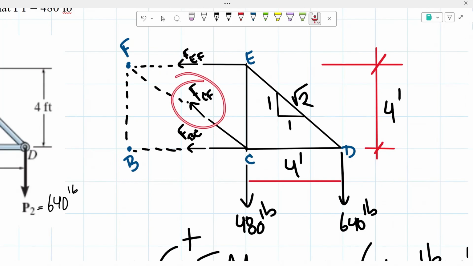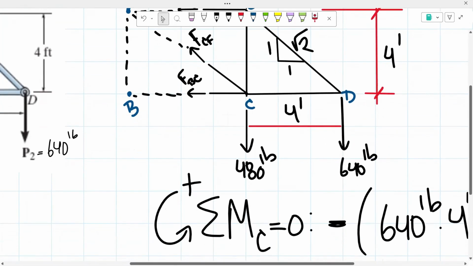Once again, the force of the bar CF has a vertical and horizontal component that will not be creating a moment about that point. From there, we would only be having three forces creating a moment, which would be the force of the bar BC. From there, we would have the force 480 pounds and the force 640 pounds.